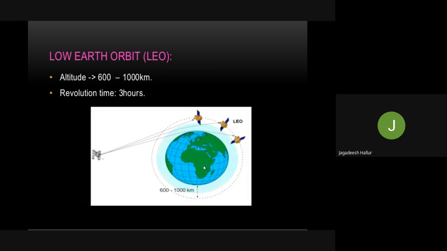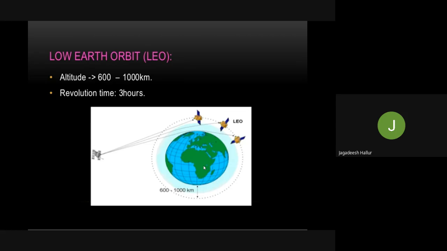One satellite revolves around the Earth 8 times in a day, and the height of the satellite is 600 to 1000 kilometers, nearer to the Earth. That is called low Earth orbit.